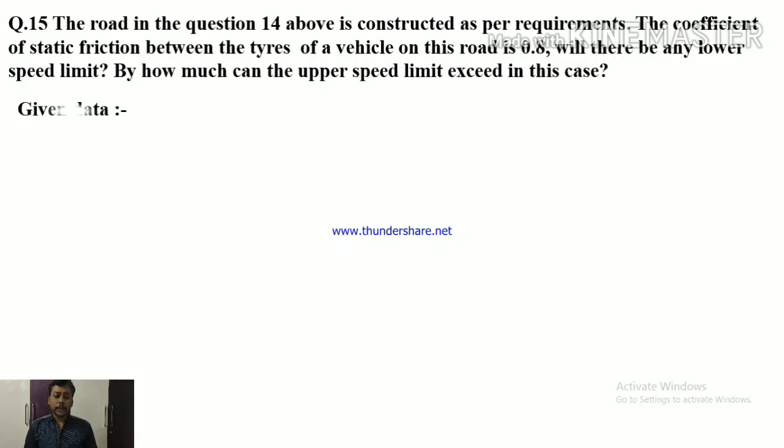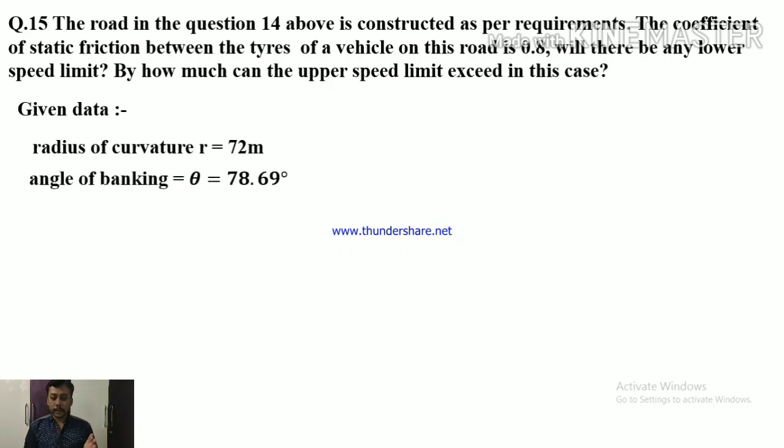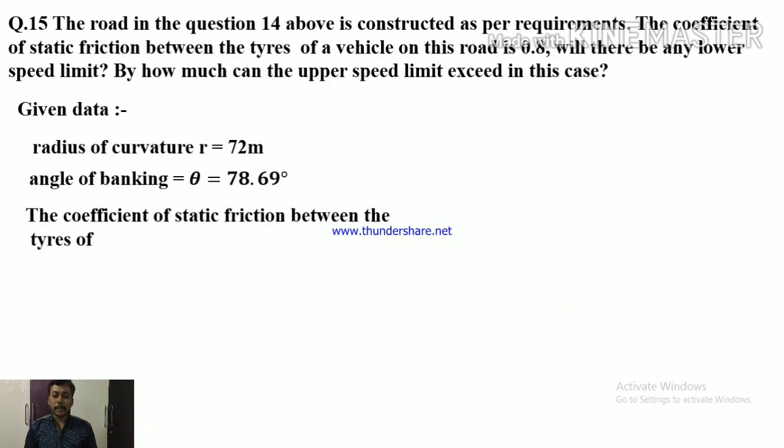Here, given data from question number 14: radius of curvature R is 72 meter, angle of banking, derived in question number 14, is 78.69 degree. The coefficient of static friction between the tires of the vehicle and the road surface, mu is equal to 0.8, is given here. g is 9.8.